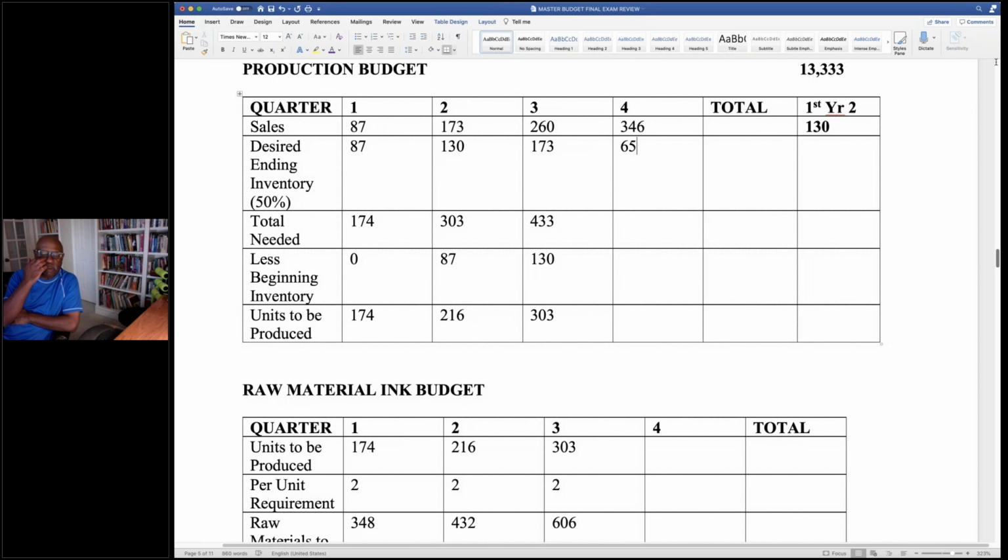Everybody should work on that to see if you can get that calculation. And for the quarterly sales percent, we're going back to that 10%, 20%, whatever, and you took 10% of that from the 130. I mean, from the break-even. Okay. From the break-even.